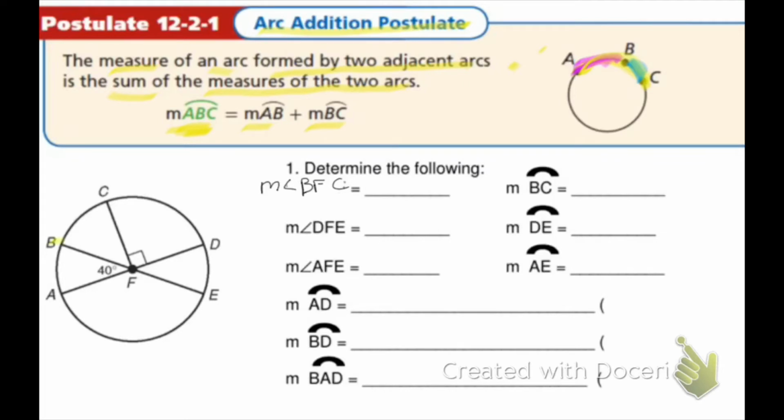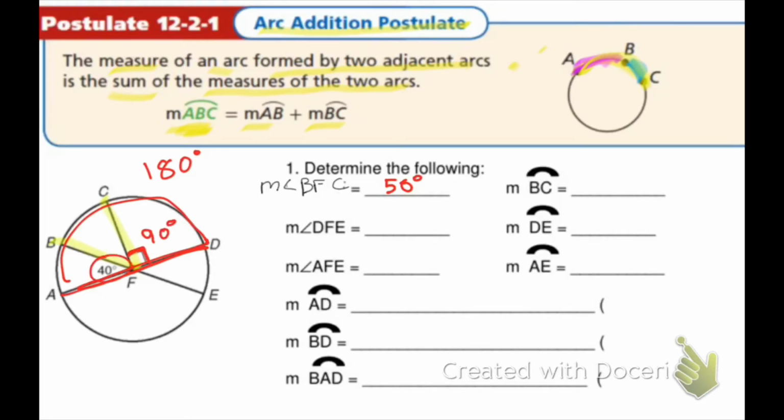So BFC, that central angle right there, well, that is going to be equal to 50 degrees. Now, why is it 50? Well, notice that I have a semicircle here, that the entire semicircle is 180 degrees. We'll have 90 degrees right here.